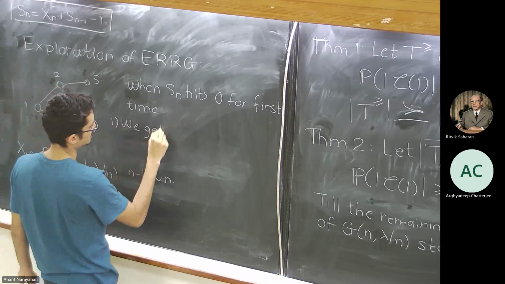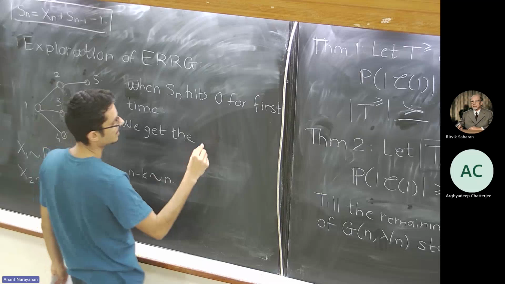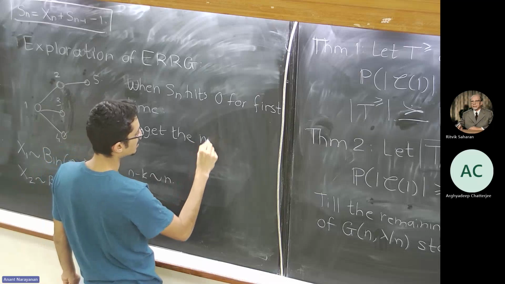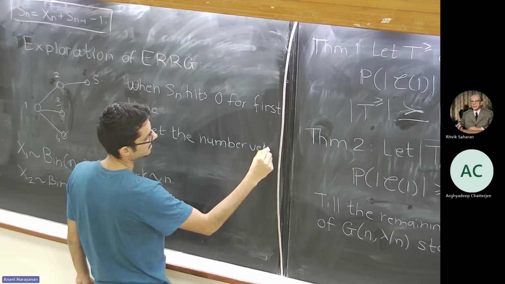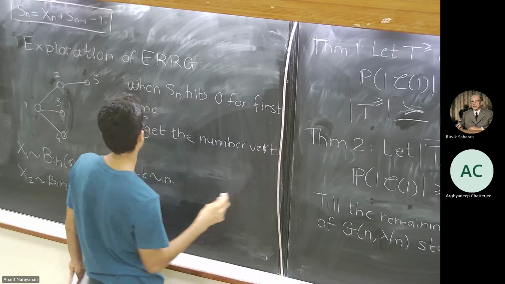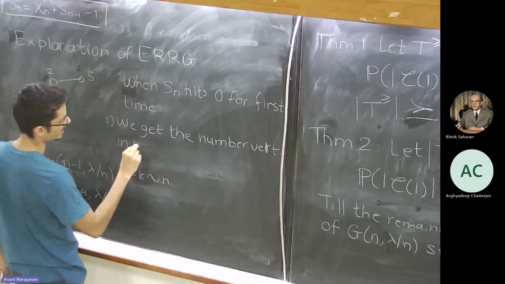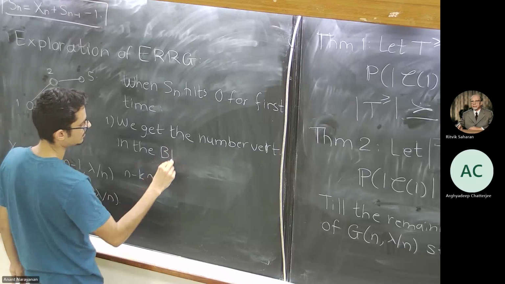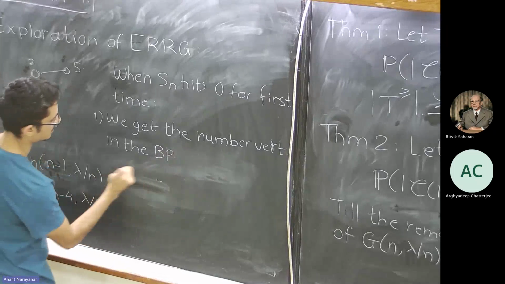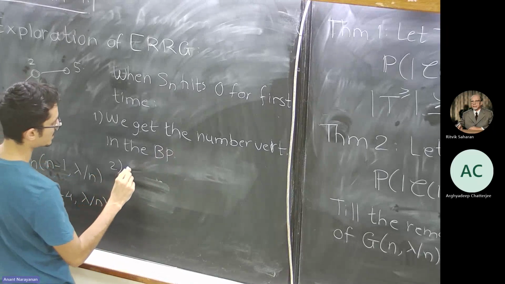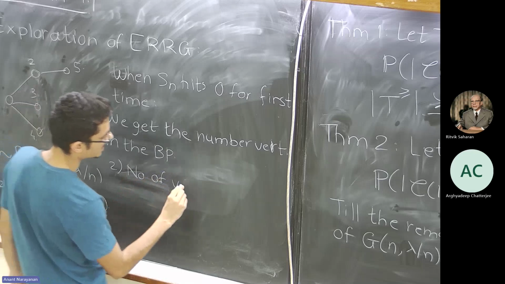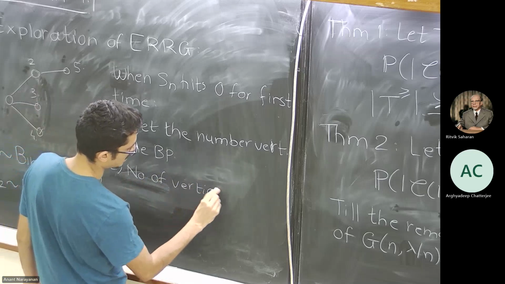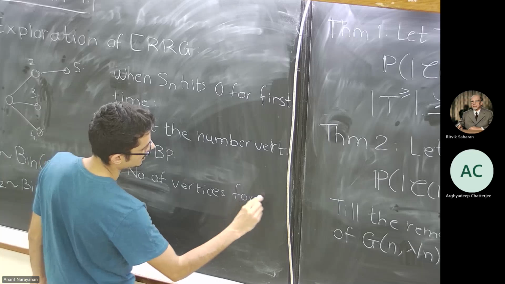The number of vertices in the branching process, and the number of children.